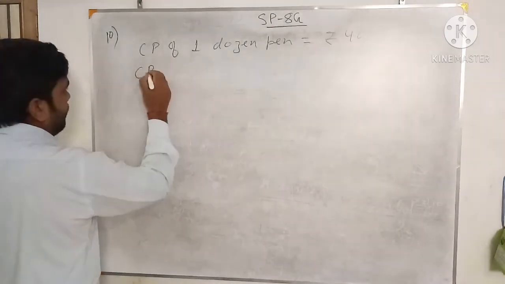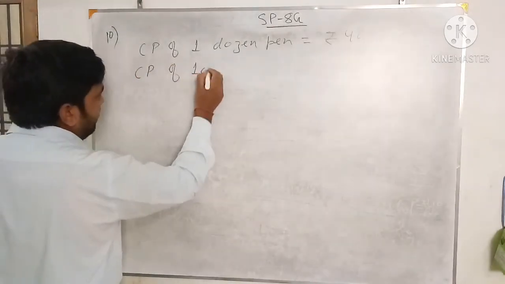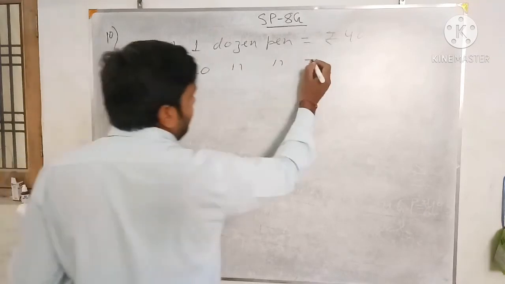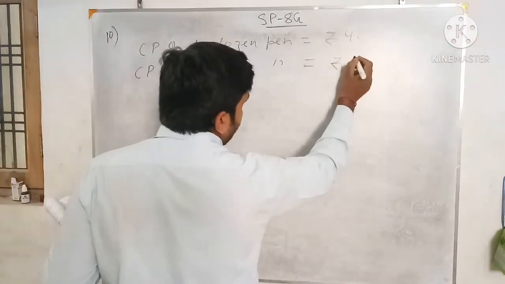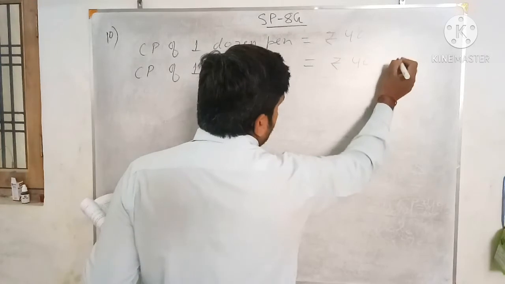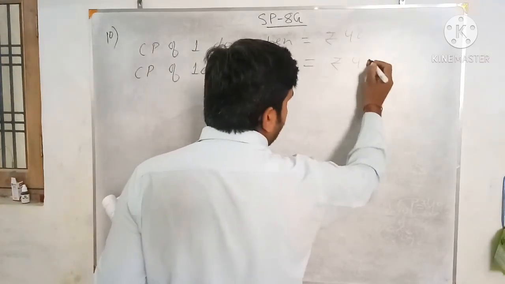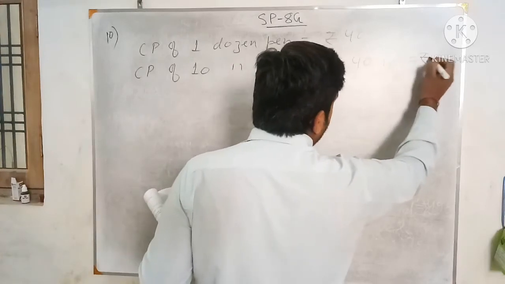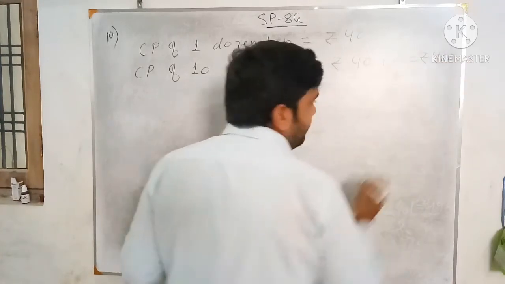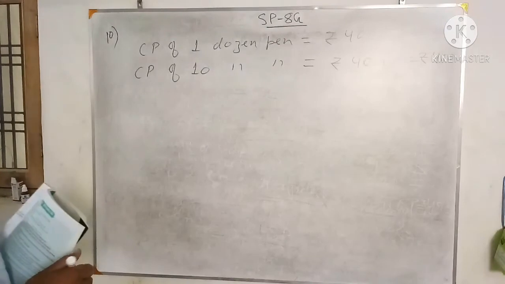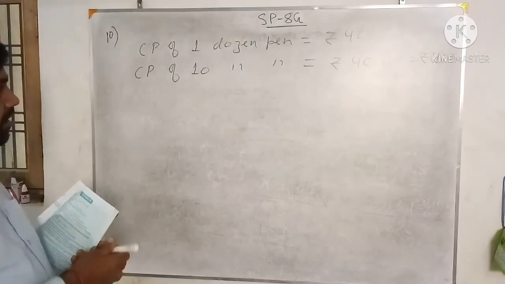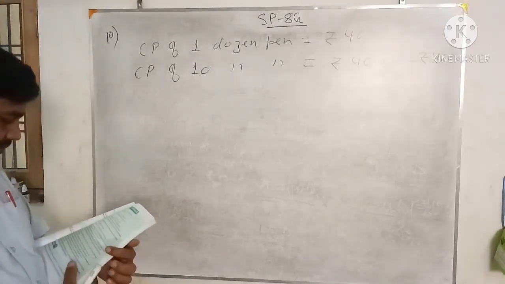Therefore, the cost price of 10 dozen pen is rupees 40 into 10. Cost of 1 dozen pen is rupees 40, so the cost of 10 dozen pen will be rupees 40 into 10, that is rupees 400. So that person purchased the 10 dozen pen in 400 rupees.